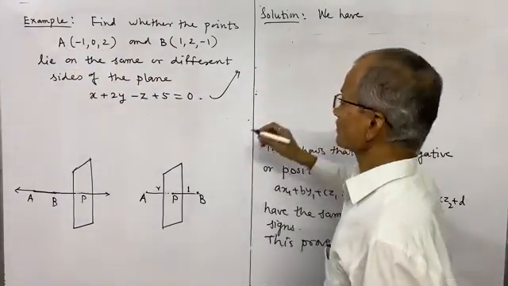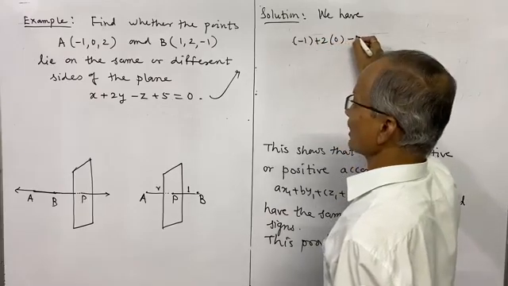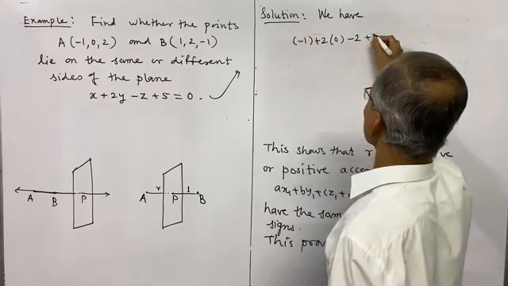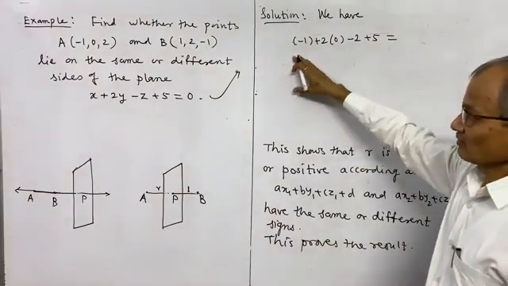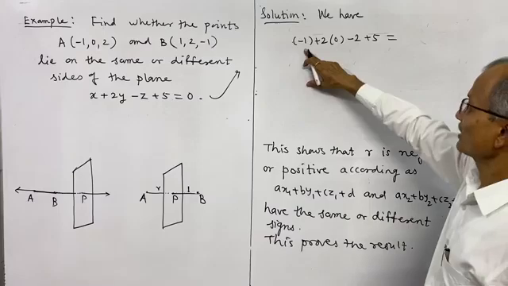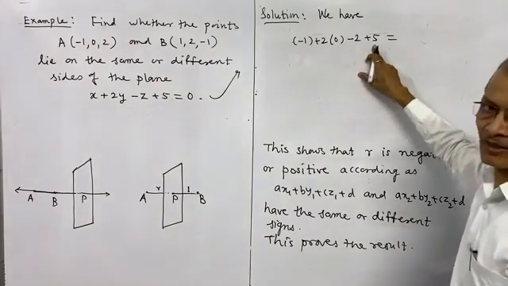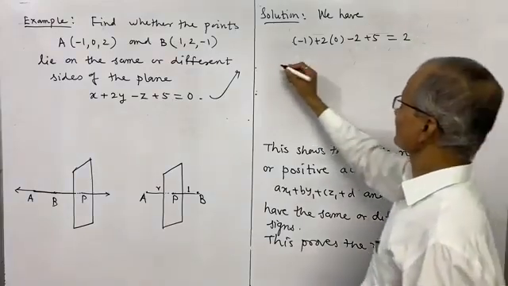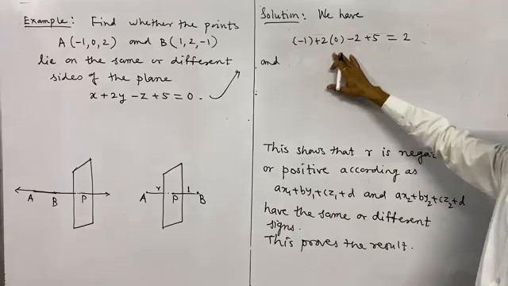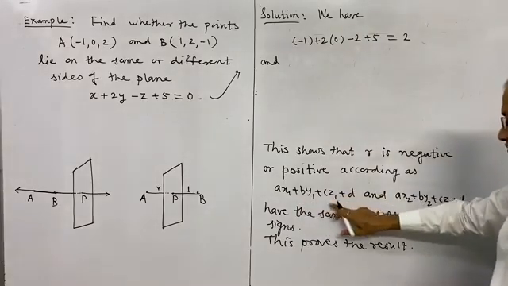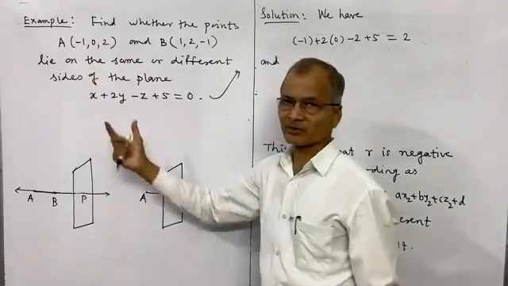We have put these points for A. So x is -1, plus 2 into y is 0, minus z means 2, plus 5. And what is this expression? You see, this will be -1 - 2 - 3 + 5, and that is 2. And what about the second expression? We have obtained a x1 + b y1 + c z1 + d by putting the first coordinates in the expression of the plane.